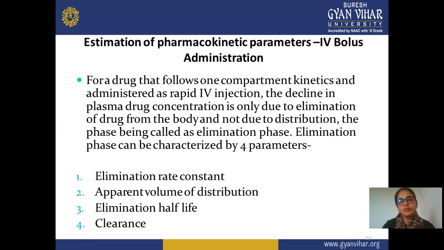Next is estimation of pharmacokinetic parameters. How do you estimate these pharmacokinetic parameters when the drug is administered by the IV bolus route? For a drug that follows one compartment kinetics and is administered as a rapid IV injection, the decline in plasma drug concentration is only due to elimination of the drug from the body, not due to distribution.